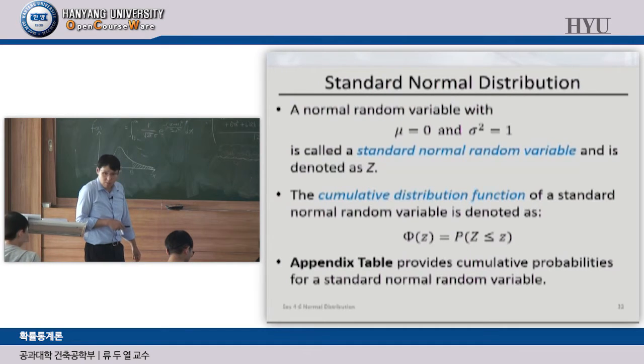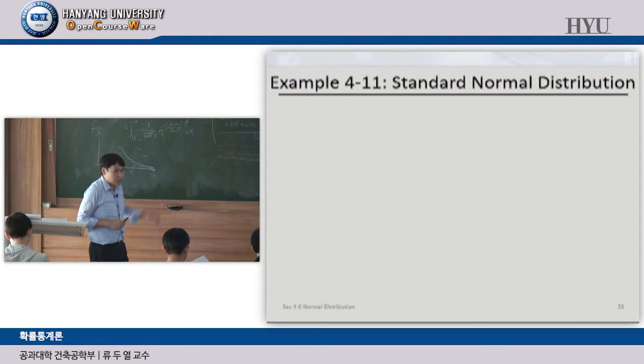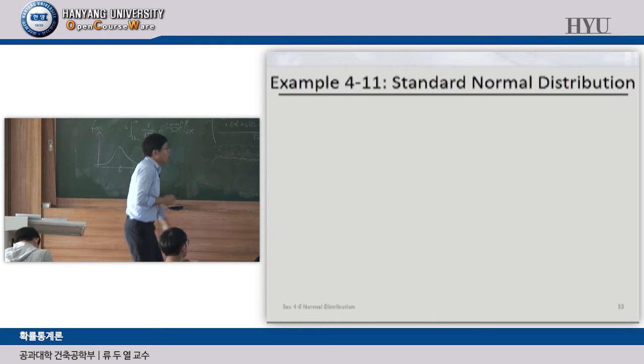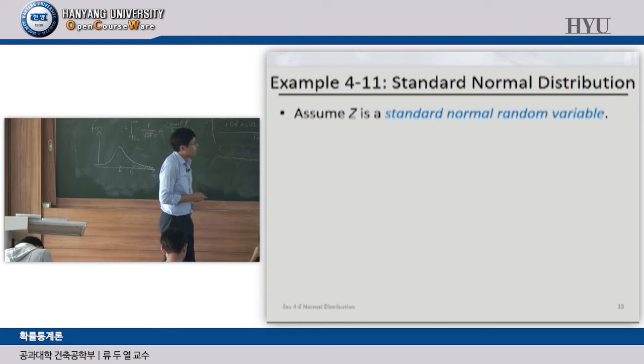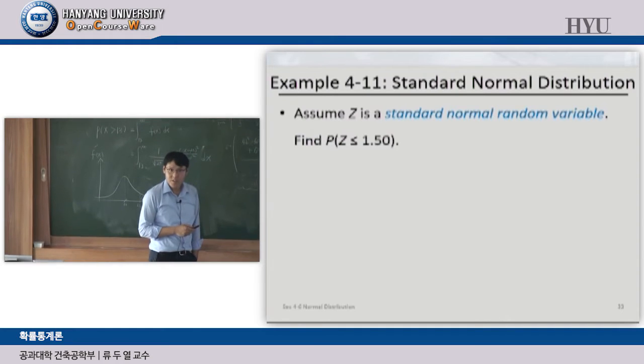The appendix table that I gave to you provides the cumulative probabilities for the standard normal random variable. Okay? So this is an example for the standard normal distribution. Assume that Z is a standard normal random variable and find the probability of Z when Z is smaller than or equal to 1.5.